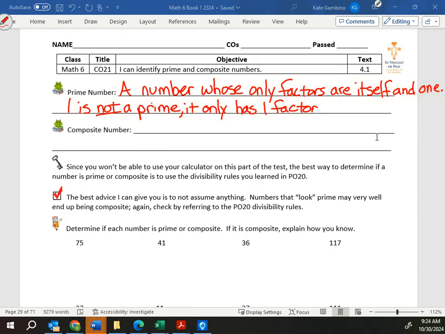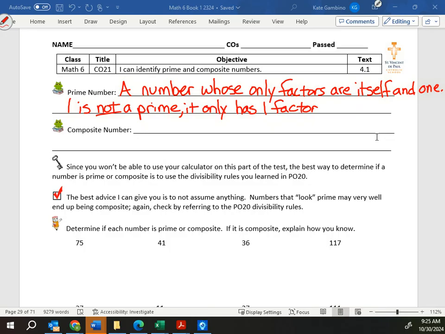So 2 is a prime number. 2 times 1 is the only way we can get to 2. Would 3 be a prime number? What do we multiply together to get to 3? Helen? And 3, right? Can I multiply anything else to get to 3?